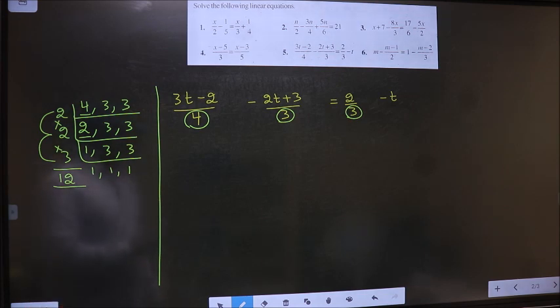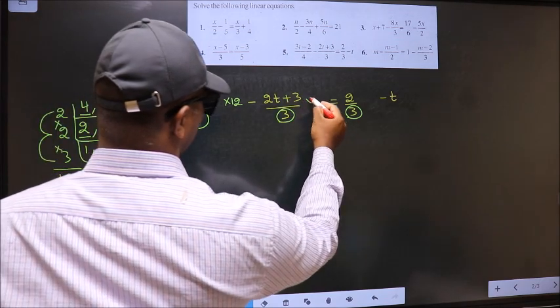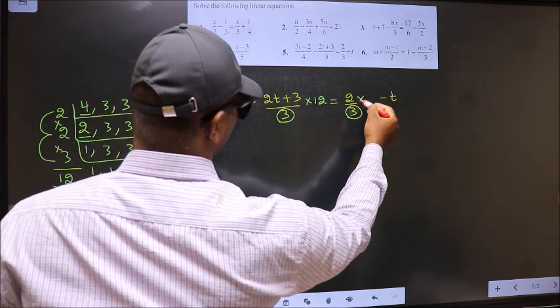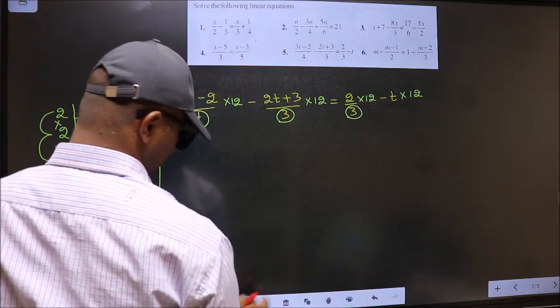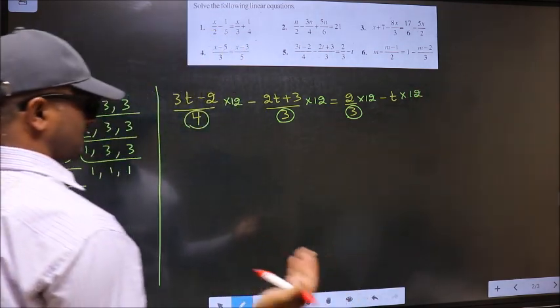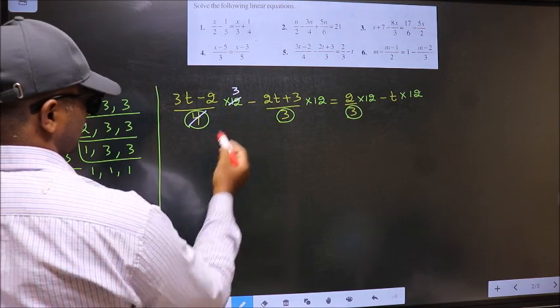Now whatever LCM we got, we should multiply it to each term. What I mean is into 12, into 12, into 12, into 12. Next. Now here you cancel 4 1's, 4 3's.